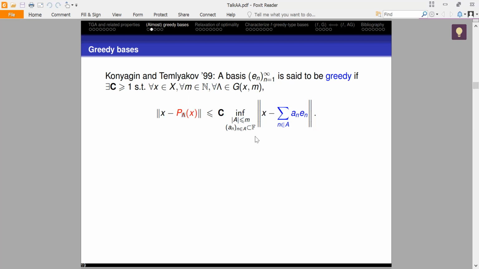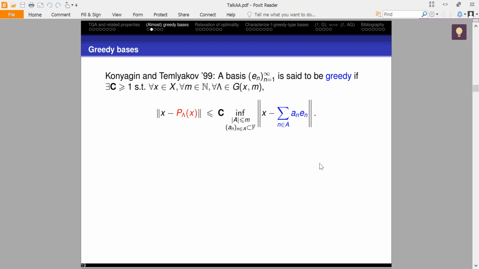This inequality says essentially that the thresholding greedy algorithm gives us the best approximation that we can possibly have, up to a constant C. Now this property, at first glance, is not easy to check, because of the infimum here. So the question is, can we characterize bases that have this property?